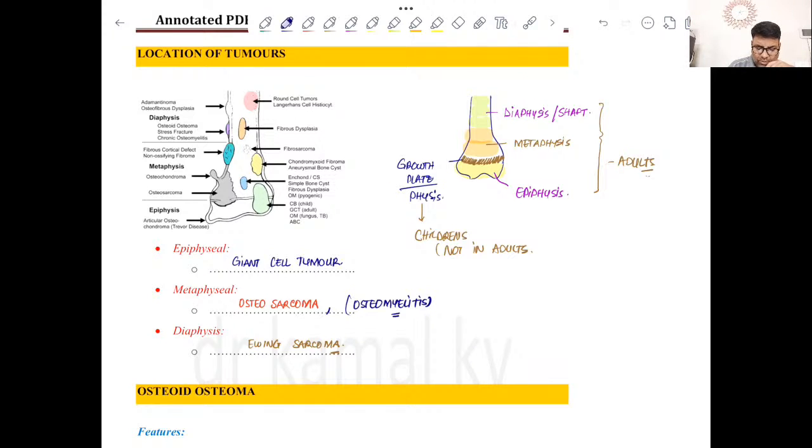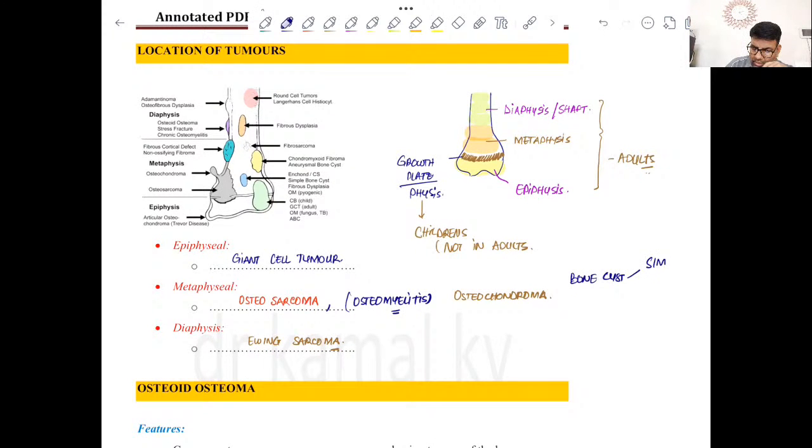Apart from this, the tumors which you can remember here, one is osteochondroma, and the other conditions which you can remember here are especially bone cyst. So it can be simple bone cyst, and it can be aneurysmal bone cyst. We will discuss these conditions later on, right?